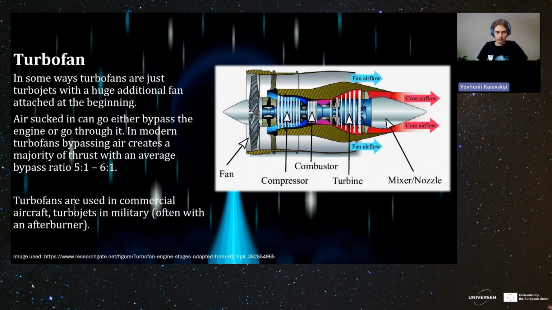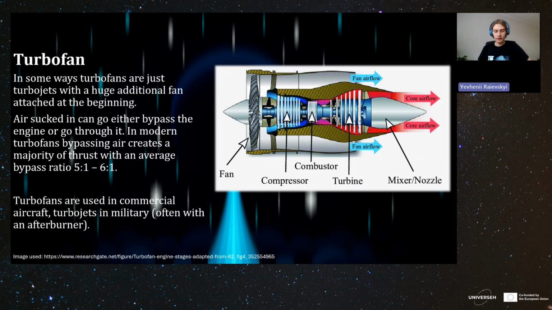And in general, this is called the bypass ratio: the ratio of this bypass air coming through here to the mass airflow which passes through the turbojet section.